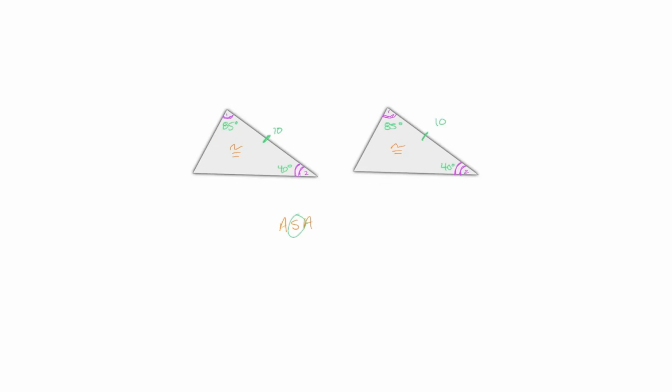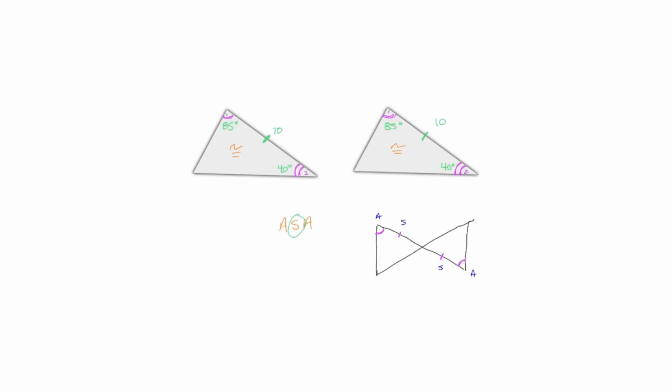And a great angle side angle you'll see is this one right here. Let's just assume these triangles kind of look the same. They'll give you a congruent angle here. They'll give you a congruent angle here. They'll give you a congruent side here and here. And then you're looking, and like I mentioned to you, okay, I'll do my labeling. Well, I'm missing a piece here. Well, we looked for a common side before.